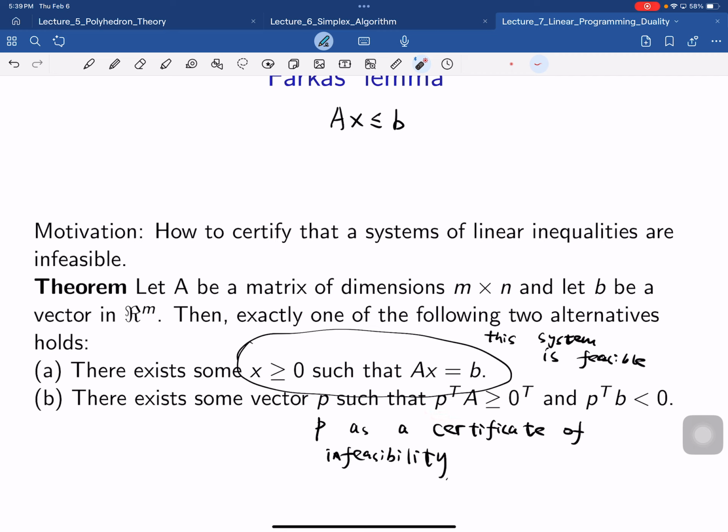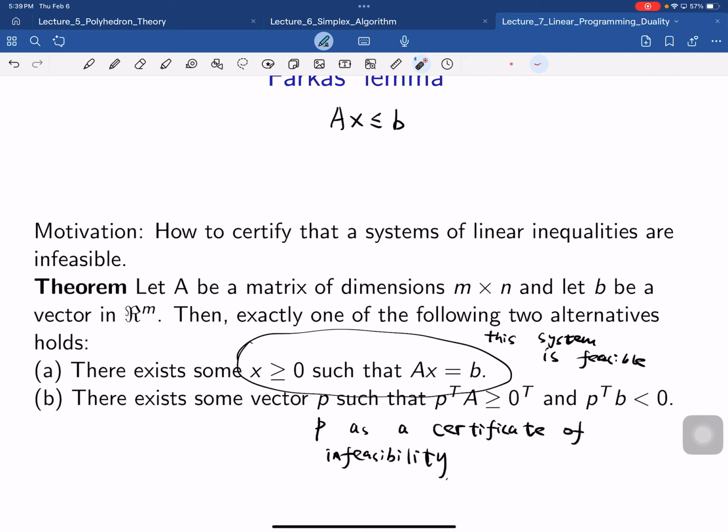And you also know x is greater than or equal to 0, right? So then, therefore, x multiplied by the left-hand side must be greater than or equal to 0, right? But now, if you look at the aggregation of the right-hand side, p transpose b, it is strictly less than 0, right? So therefore, p gives you a certificate such that this system has a conflict, right?